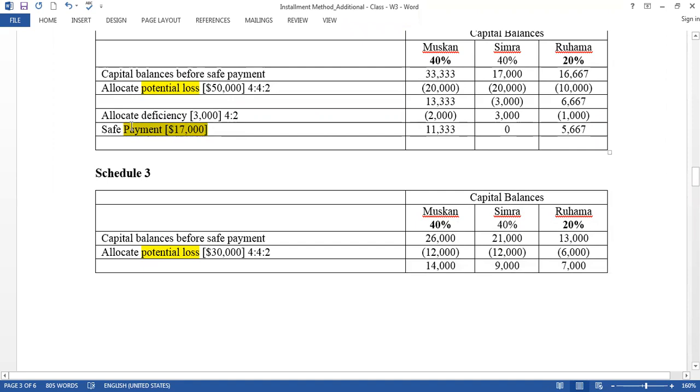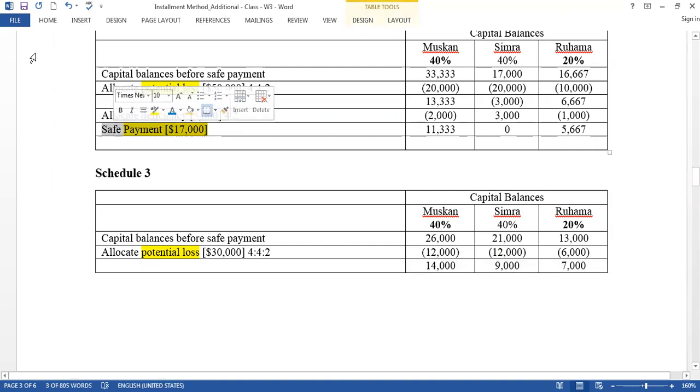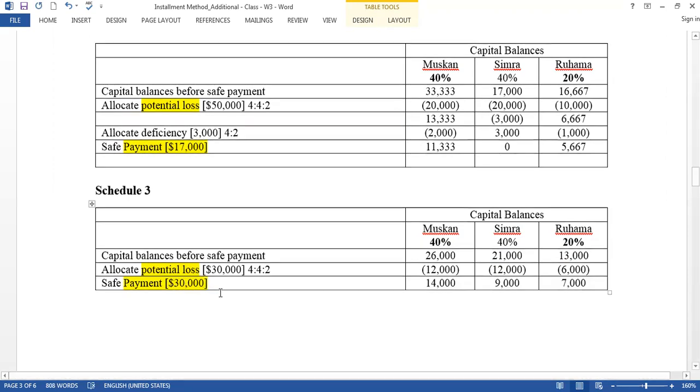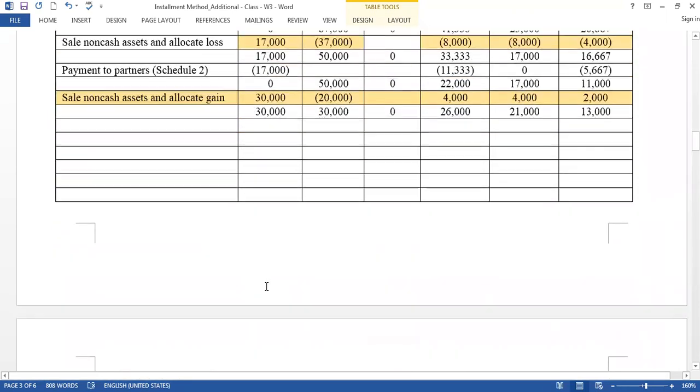So our safe payment, you can see that our safe payment is $30,000, right? According to this question, safe payment is $30,000. Yes.